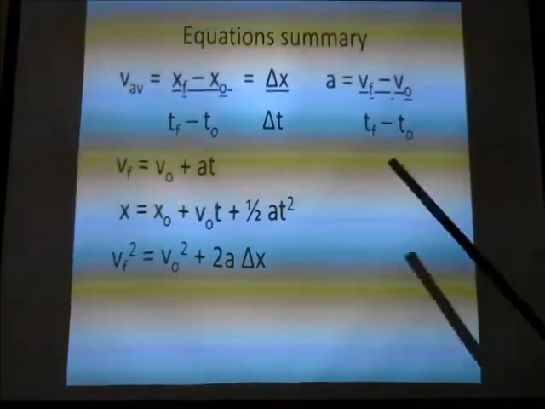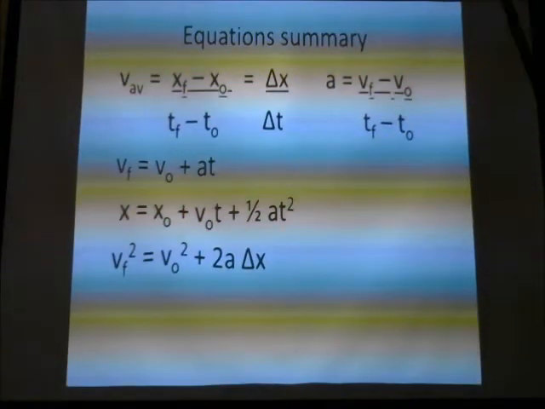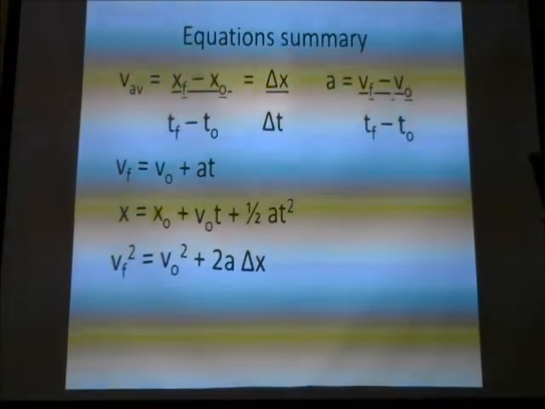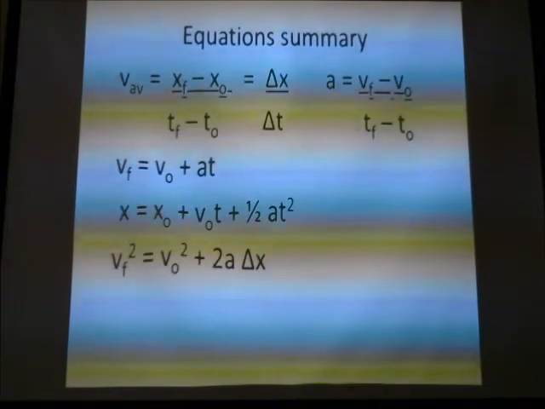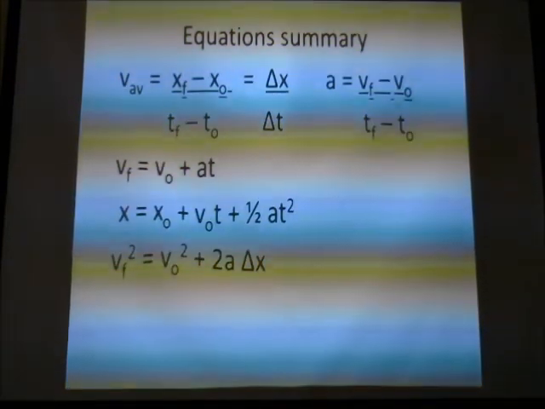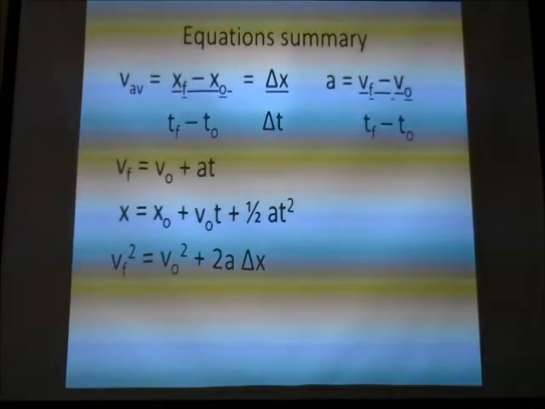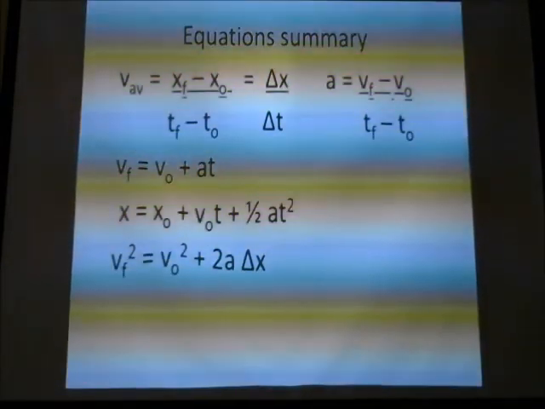And those 5 equations can then be used to solve any sorts of questions we might have regarding the motion of an object, in terms of how its position changes, its velocity changes, how long it takes for those changes to occur, as well as what acceleration might be occurring during that time.